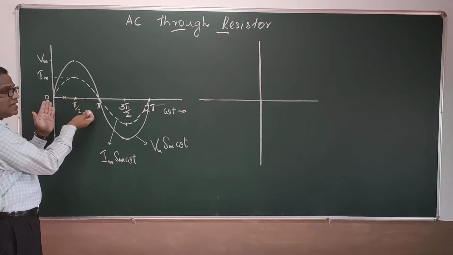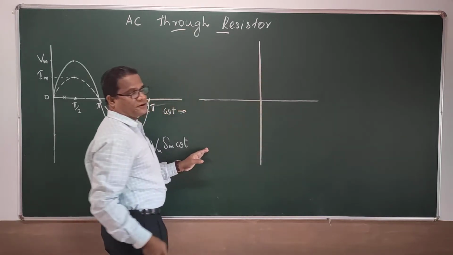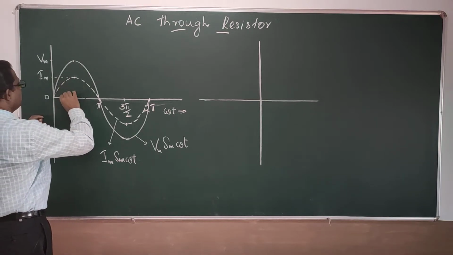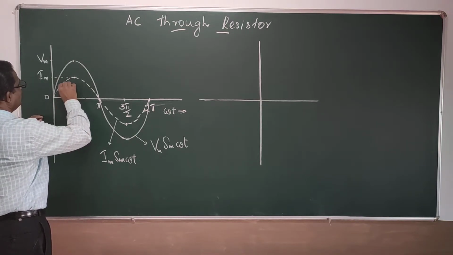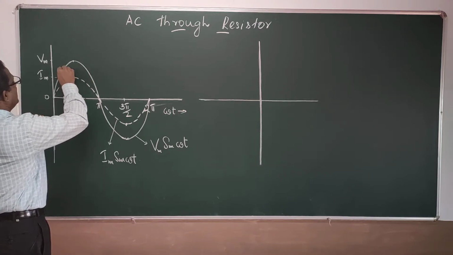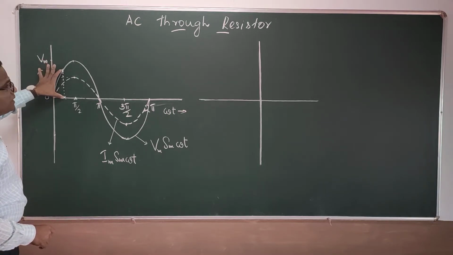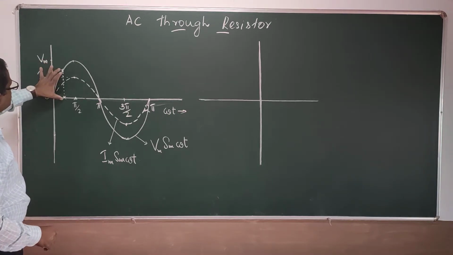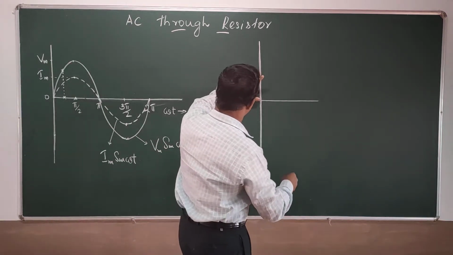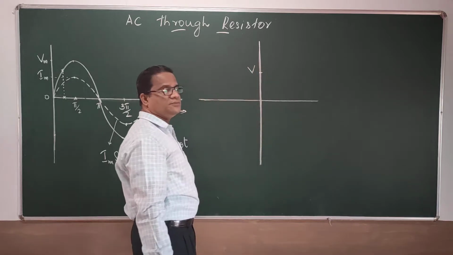When it is less than pi by 2, the whole drawing will come in the 1st quadrant. Now this is the position, then I will draw a line vertical, parallel to the y axis. So voltage will be meeting here. This is the measure of voltage V at that instant.